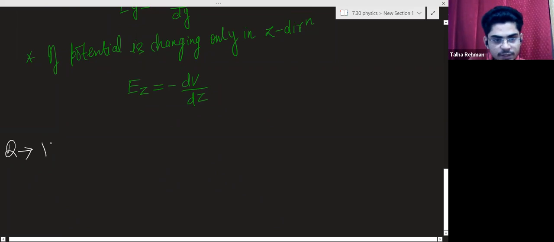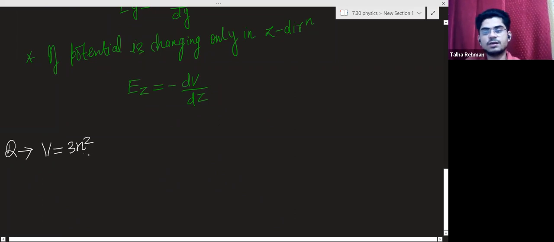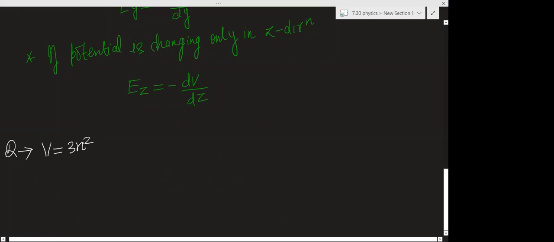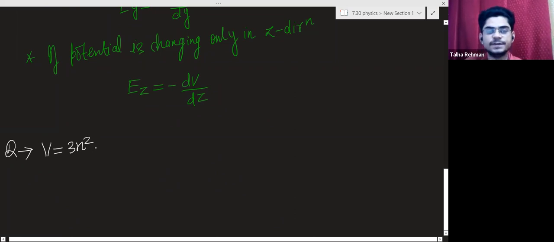Suppose the potential is given as 3x square. So it means that this potential is changing only in x direction, because there is no y and z in it.